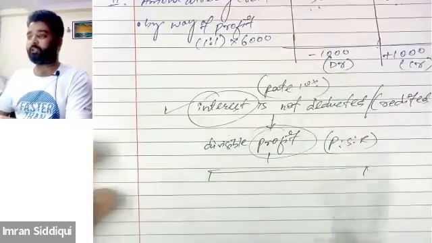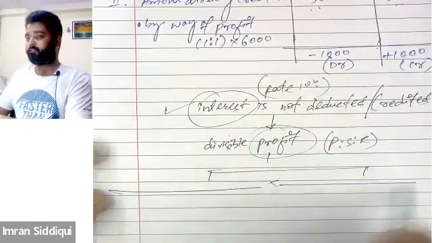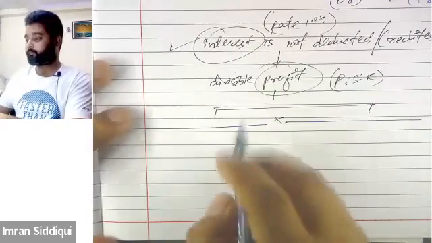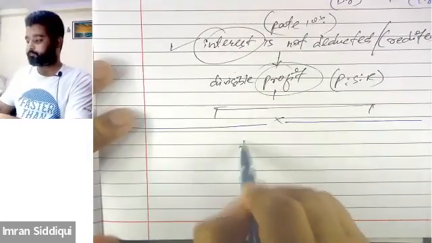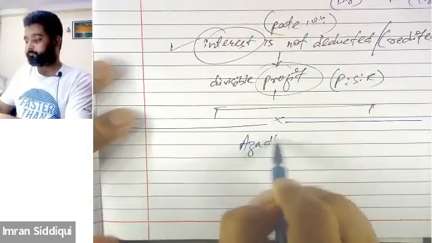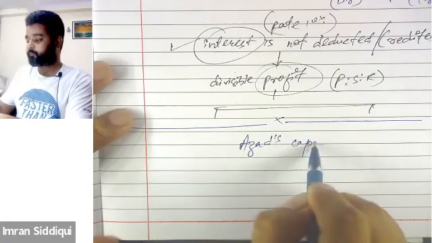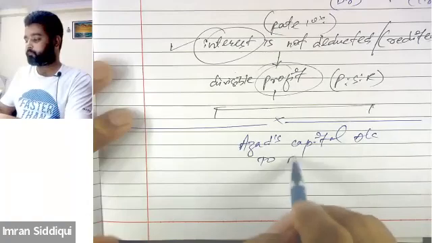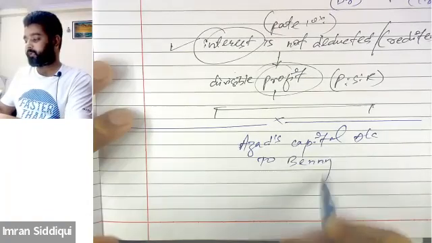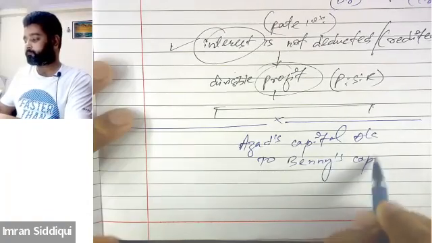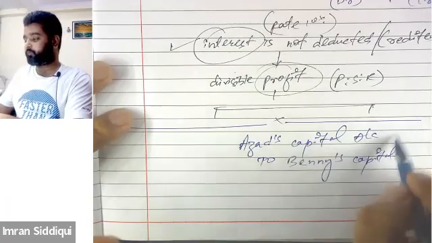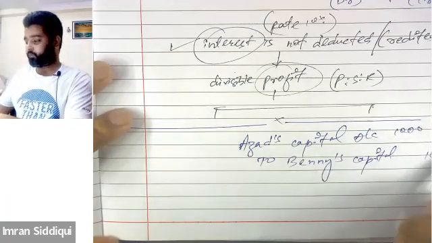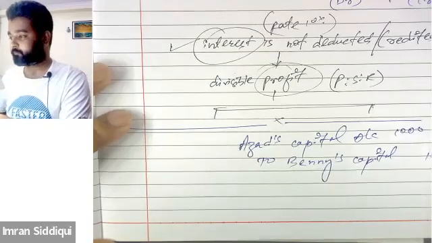So the general entry to rectify all this will be Azad's capital account to Benny's capital. All right, the amount will be 1,000 debited to Azad's capital account, 1,000 to Benny's capital.